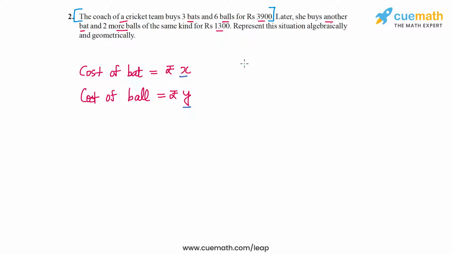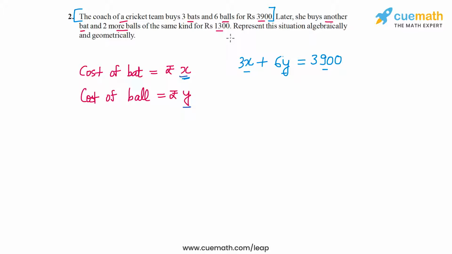Now 3 bats will cost 3x rupees because one bat costs x rupees, and similarly 6 balls will cost 6y rupees, and the sum of these costs should be equal to 3900. So we get our first equation as 3x plus 6y equal to 3900.